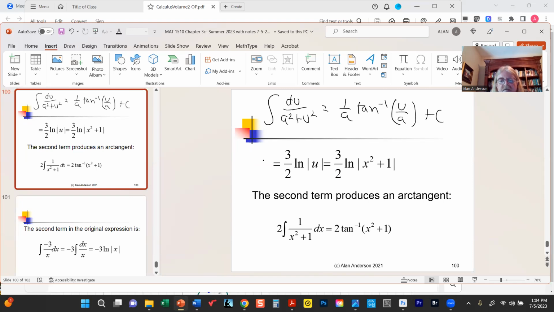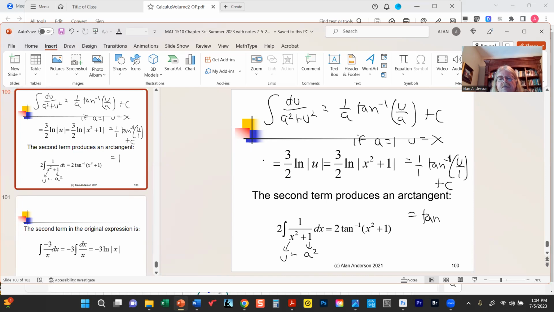So we have an x. Now, here's what we're going to do. Think of this as a squared and u squared. So if a equals 1 and u equals x, then this integral on the top here is 1 over 1 arctan u over 1, or very simply arctan u.